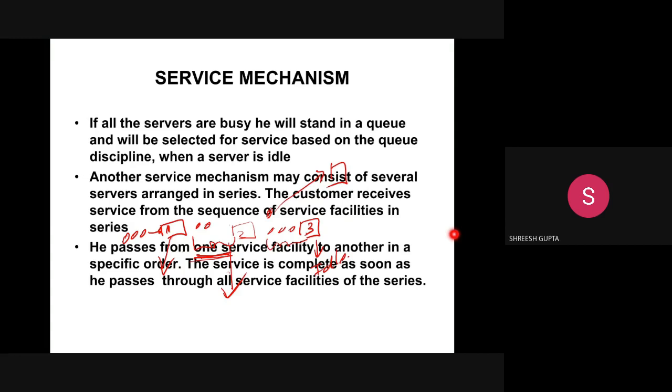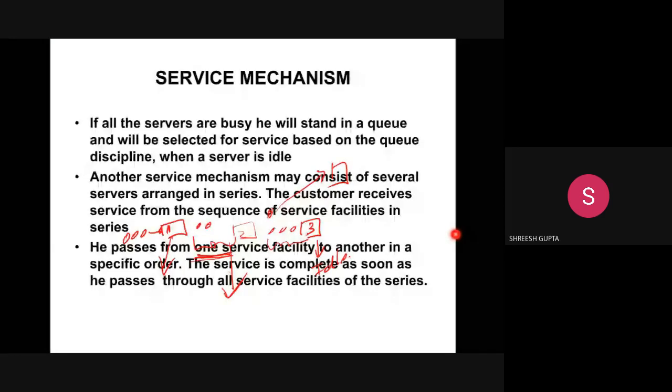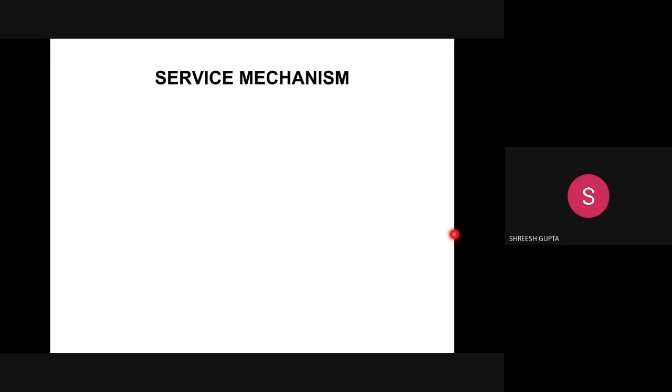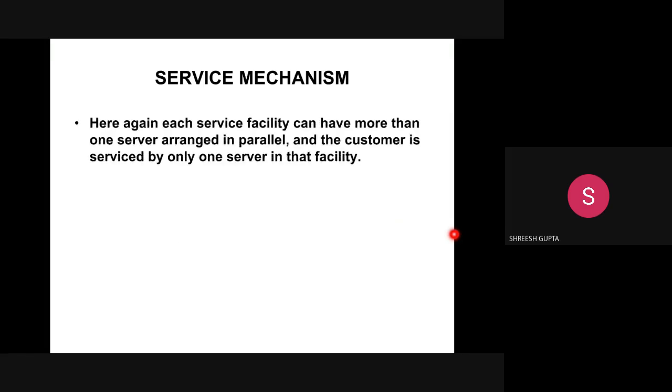He passes from one service facility to another in a specific order. The service is complete as soon as he passes through the service facility of the series. Now, here again, each service facility can have more than one server arranged in parallel, and a customer is served by only one server in the facility.